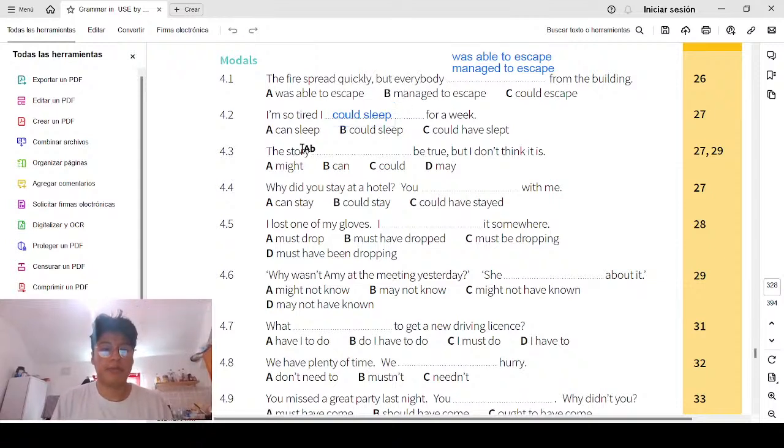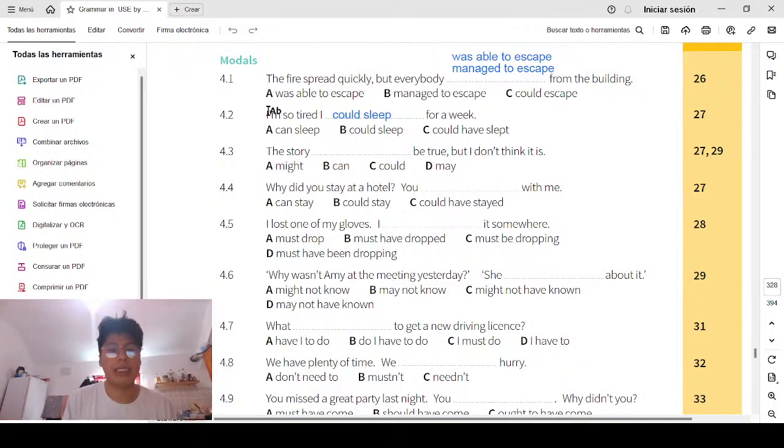Okay. Next one. Remember, we use would for hypothetical situations, or we can also use could. I would can doesn't exist, so it's could. So if you want to use a hypothetical situation with can, we have to use could.